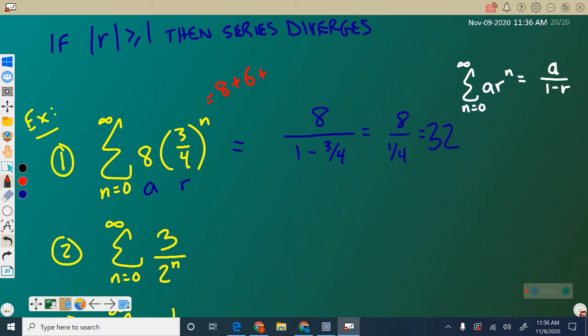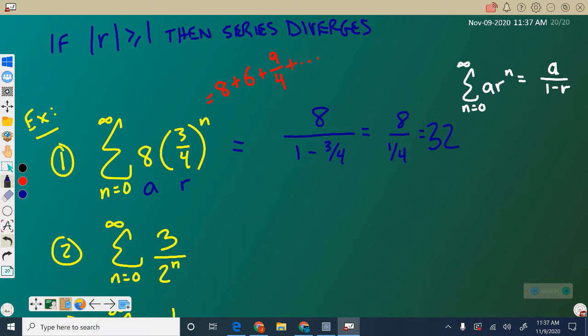If you plug in 2, you have 9 times 8 divided by 16. So you should have an extra 4 on the bottom. So it should be 9 over 4. And you can see the numbers are getting smaller, as they should when you're doing these sequences and series, exactly what we want to see happening. So we should be able to find an exact value, and look, there it is.